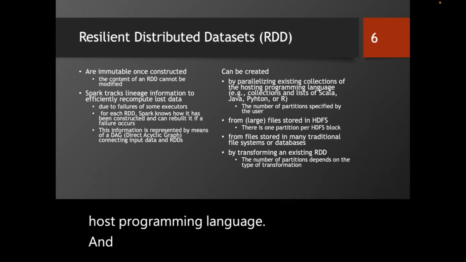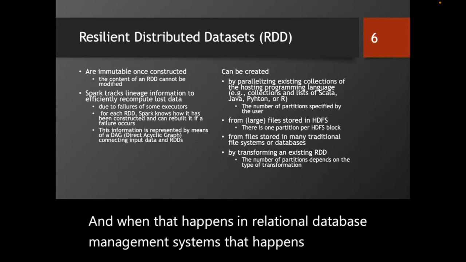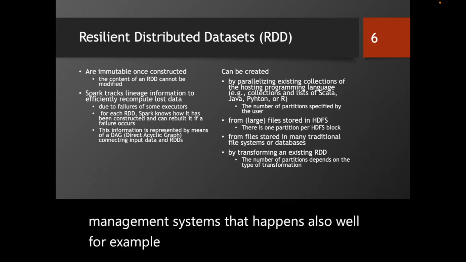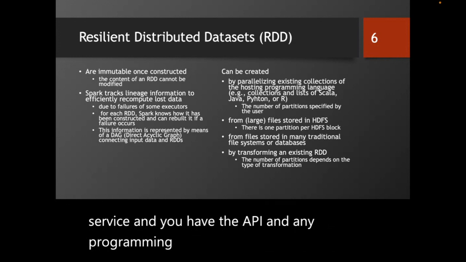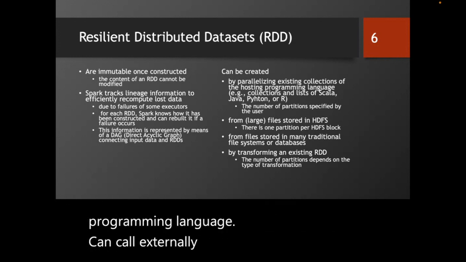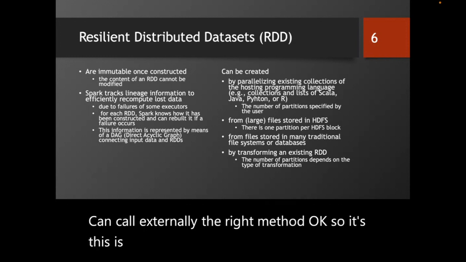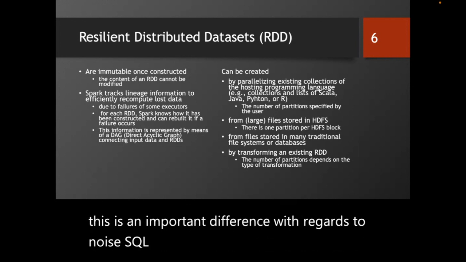And that happens in relational database management systems. It also happens, for example, in NoSQL systems, where there is a service and you have the API, and any programming language can call the right method externally. So this is an important difference with regards to NoSQL systems.